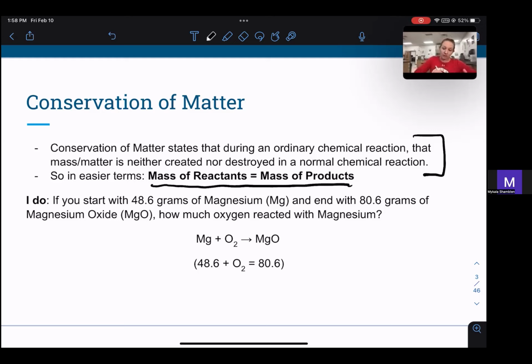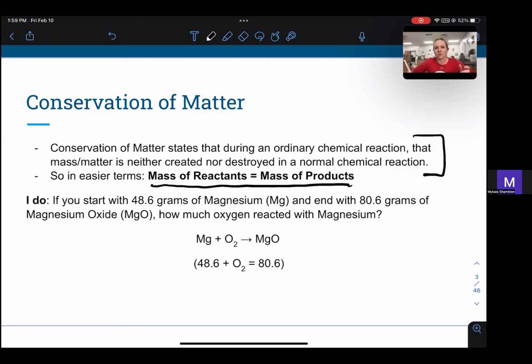So if you start with 48.6 grams of magnesium and end with 80.6 grams of magnesium oxide, how much oxygen should we have expected to react that magnesium with? Now, you'll remember we've done this lab a couple of times where we take the magnesium strip and we light it on fire and it glows really, really bright. That's this reaction, right?